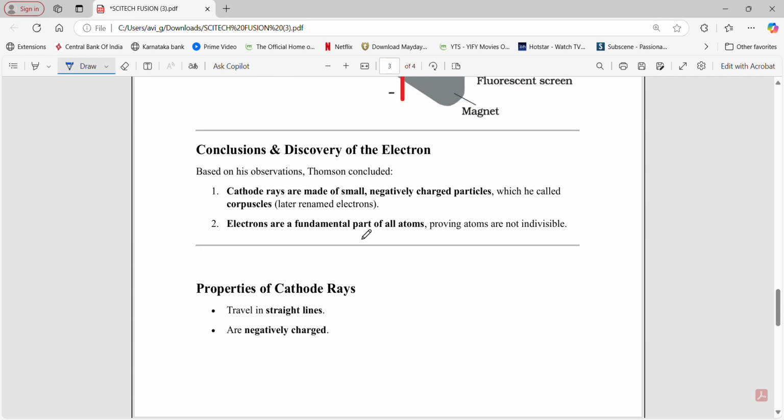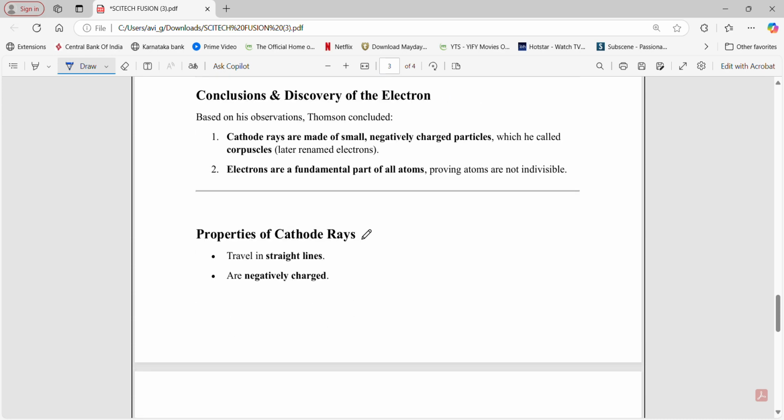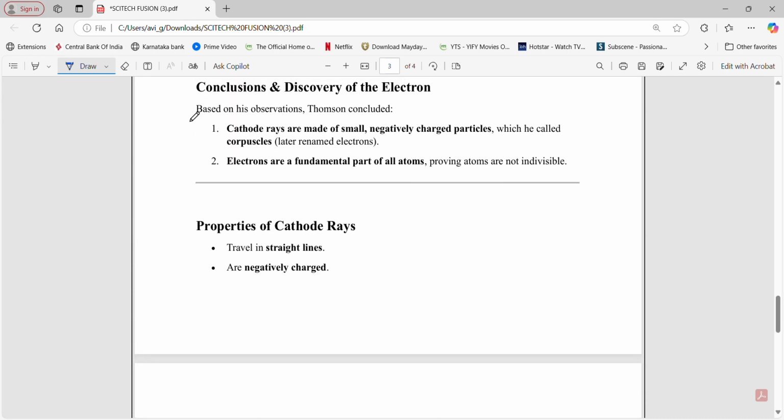And what were his conclusions and discovery of the electron? Based on observations, Thomson concluded that cathode rays are made of small negatively charged particles, which he called corpuscles, and we know that these were later renamed electrons.